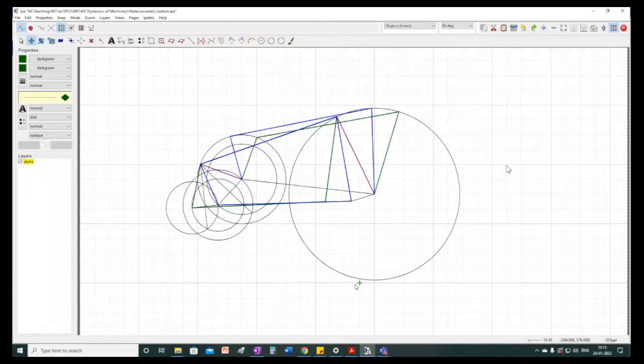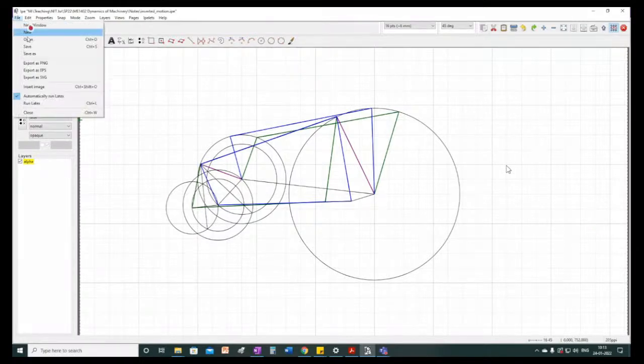This is a figure we have already drawn, and I want to remove some of the lines from here to reduce the difficulty.